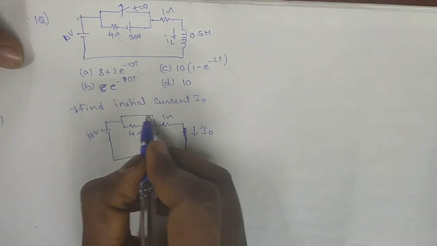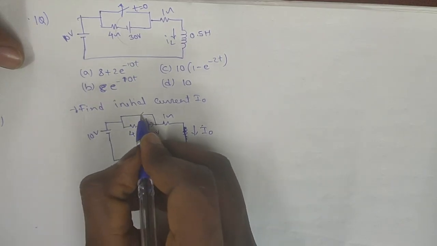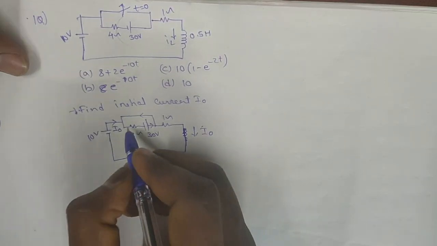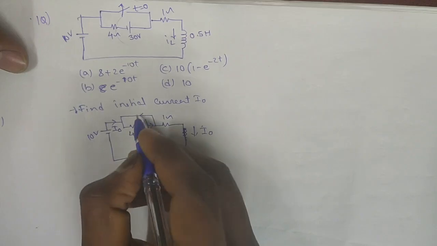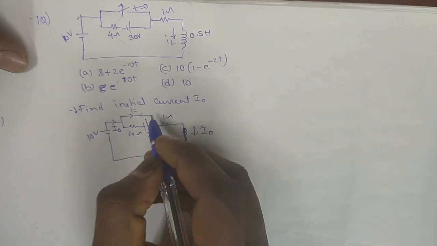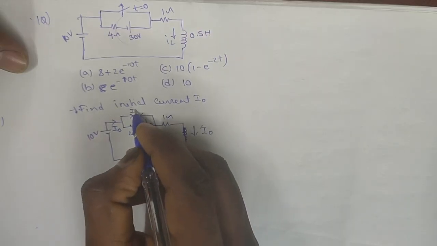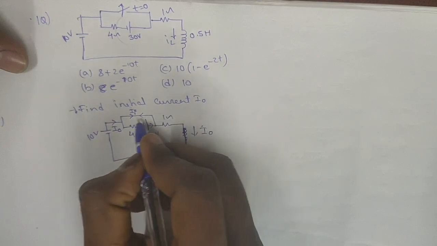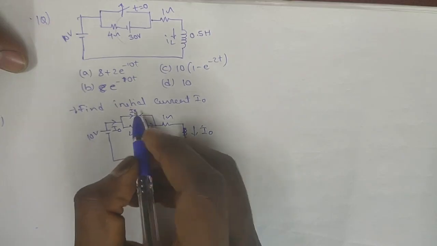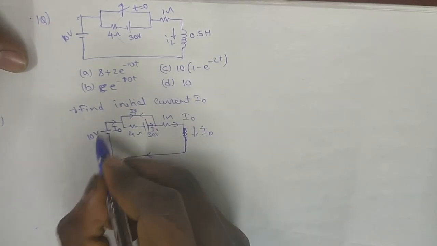So as there is a short circuit across this source, the current coming from this will circulate in this direction. The I0 comes from here and passes through this short circuit. The current we consider as I1. It is the resultant of I0 and the current I2. So this will be the I0 current and it will be closing the circuit.